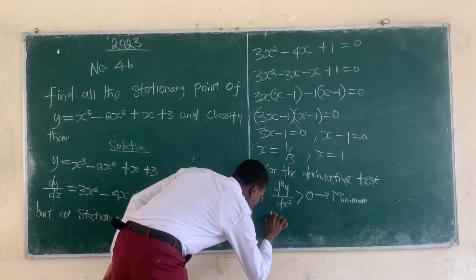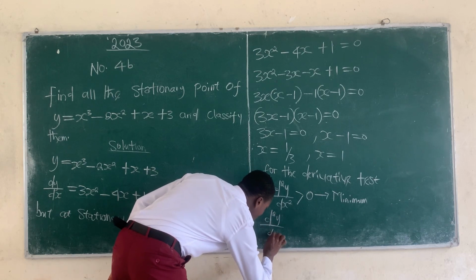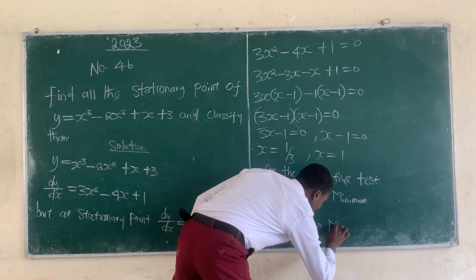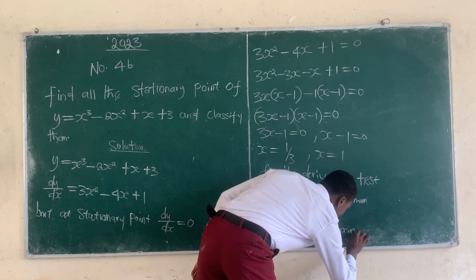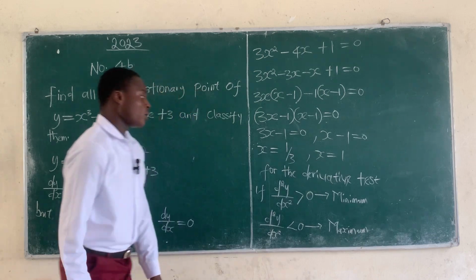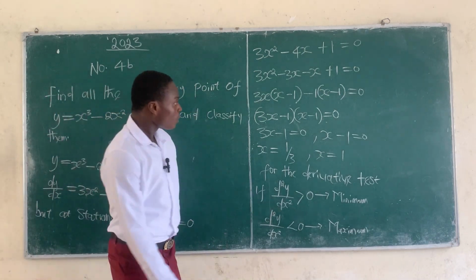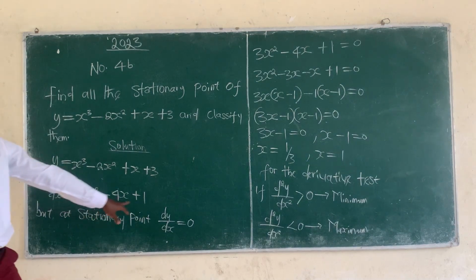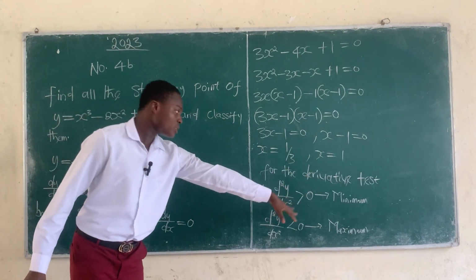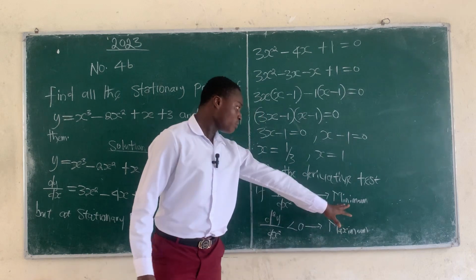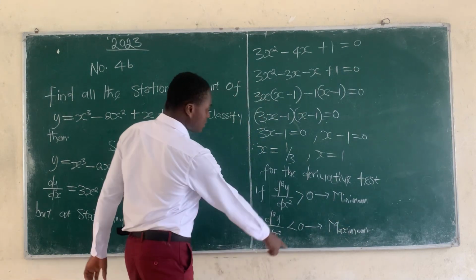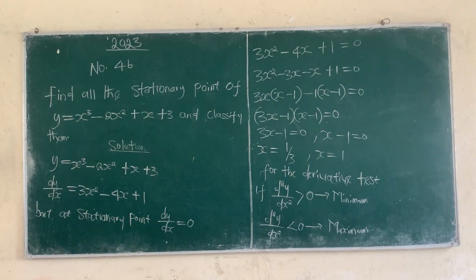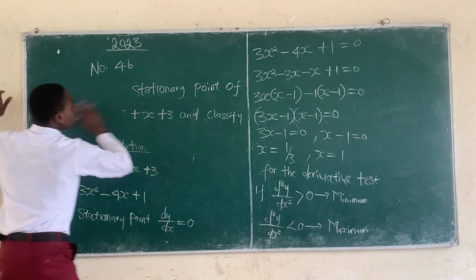Then if the second derivative is less than 0, then we have a maximum. So this is just what we are going to be checking for. So we already know the first derivative to be this. So we need to find the second derivative and test for those points. If it is greater than 0, then it is minimum. Then if it is less than 0, it is maximum. So let's find the second derivative of this given function.